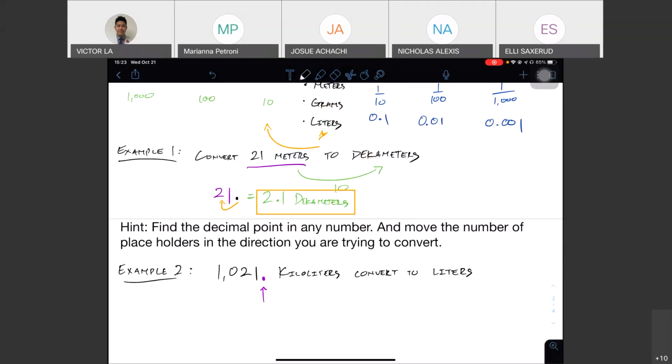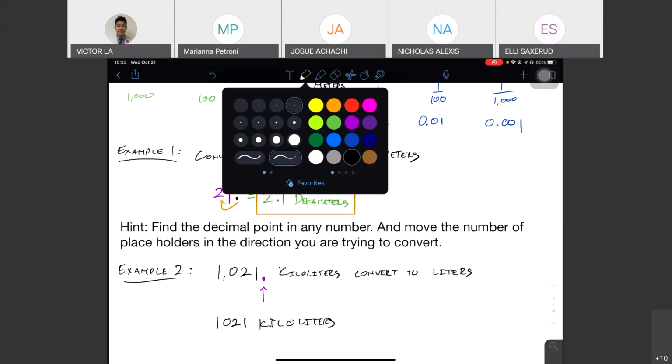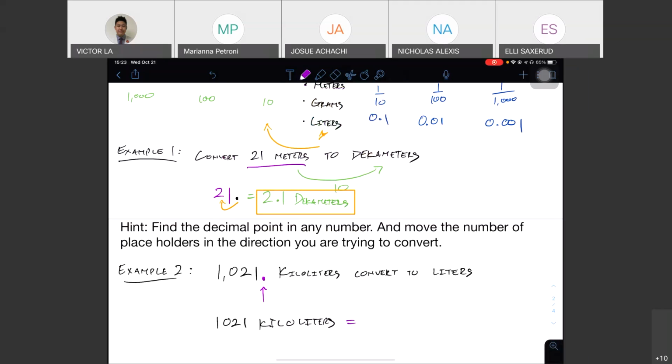So 1,021 kiloliters becomes 1,021,000. Did I do that right? 1, 2, 3. Yep. Becomes regular liters there.